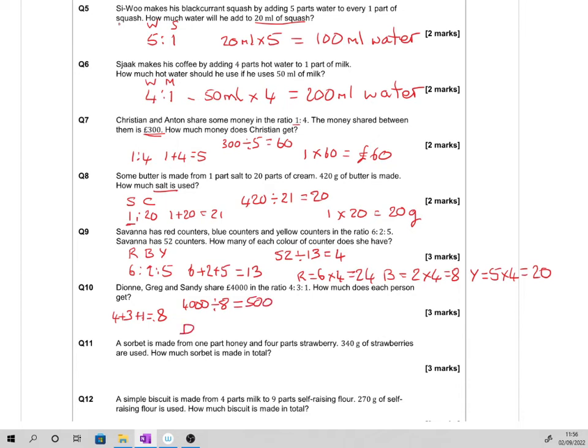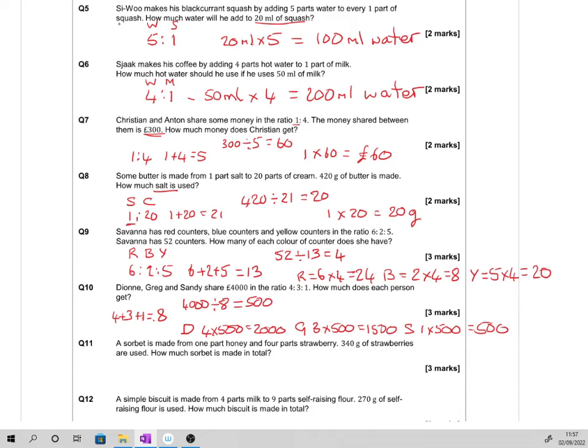So Dion gets 4 times 500, which is 2,000. Greg gets 3 times 500, which is 1,500. And Sandy gets 1 times 500, which equals 500. That's all in pounds, by the way.